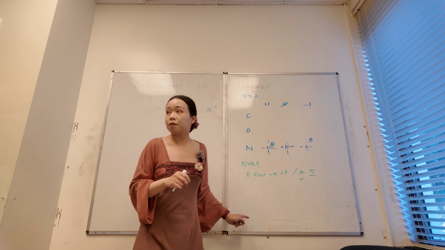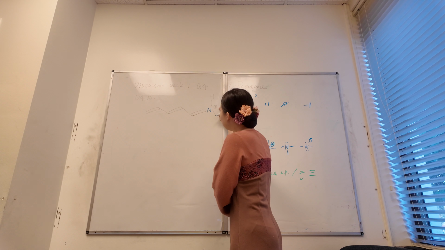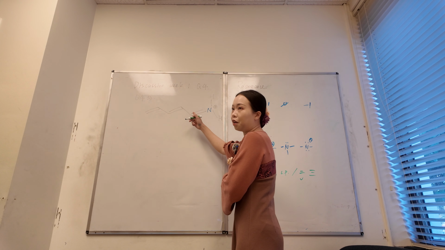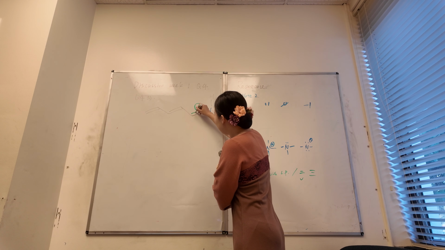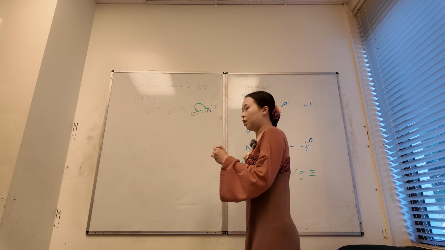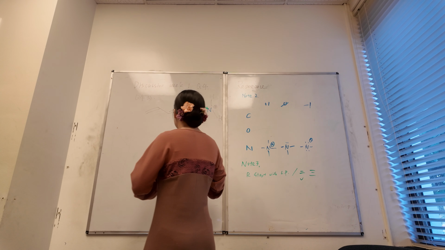Are we good? Okay. We have a double bond, and this is a positive. Bonds are electrons, they're negative, right? So you can transfer this bond onto nitrogen. Okay, are we good with this? I'll draw the structure.